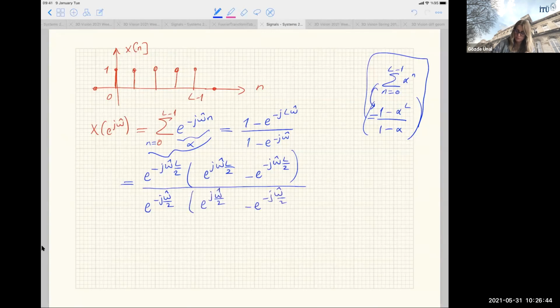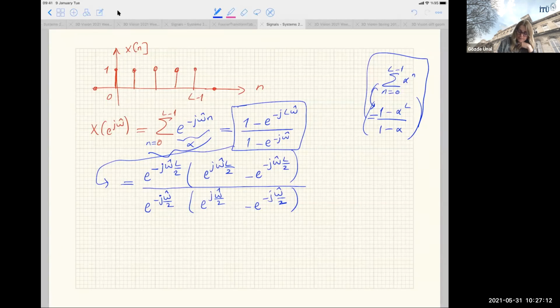Do you guys see from here how to go to here? It's really just taking the function into parentheses of, in the numerator, e to the minus j omega hat L over 2, and in the denominator, e to the minus j omega hat over 2.